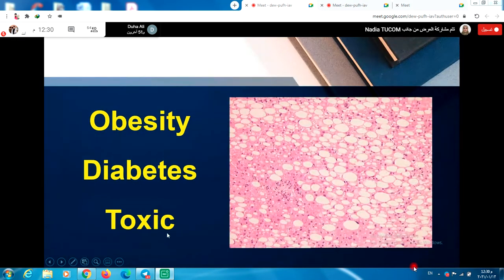Toxic, what do we mean by it? What comes to mind first? Alcohol. Yes, exactly. Alcoholic liver disease is the main cause of fatty change.